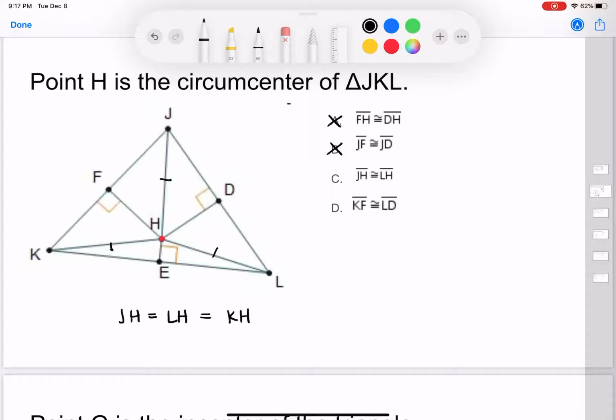JH is congruent to LH. Well, as I see here, I did in fact identify that JH is congruent to LH, so I can select that answer, but let's look at the last one just to be sure. KF is congruent to LD. Again, this isn't something I can simply conclude from my concurrency of perpendicular bisectors of a triangle theorem, so I can mark that one out. Let's move on.